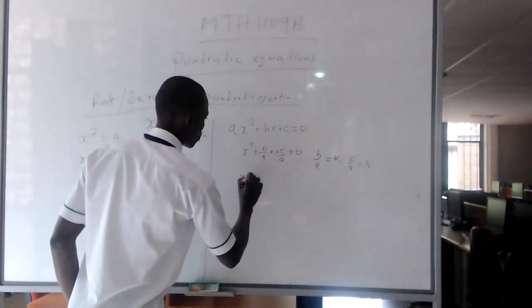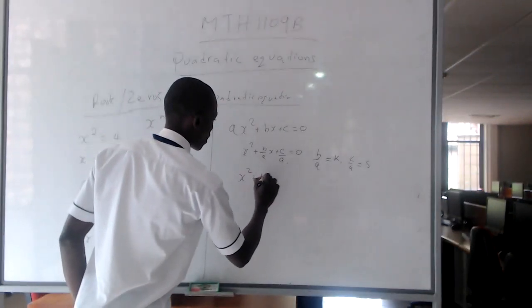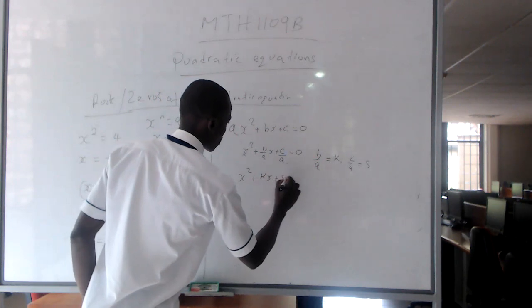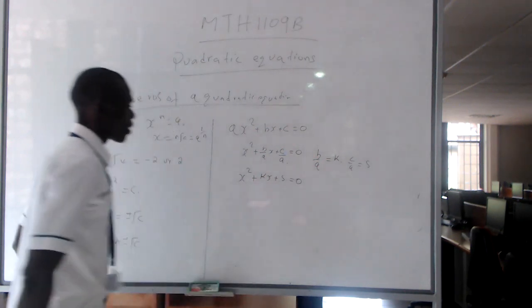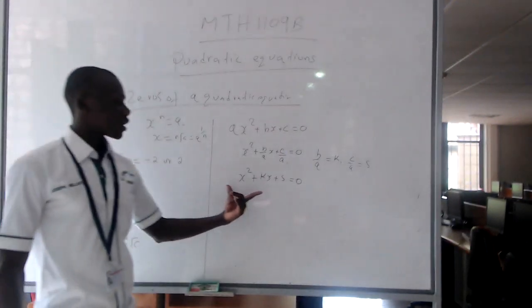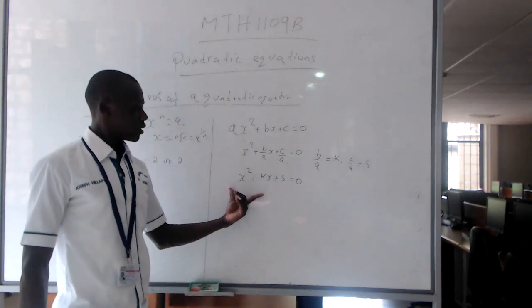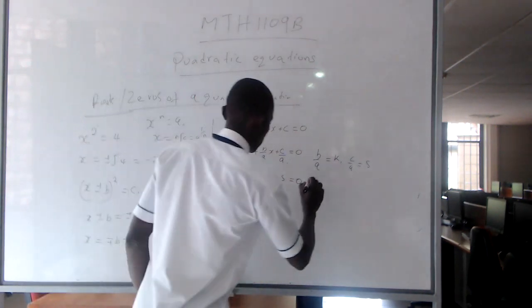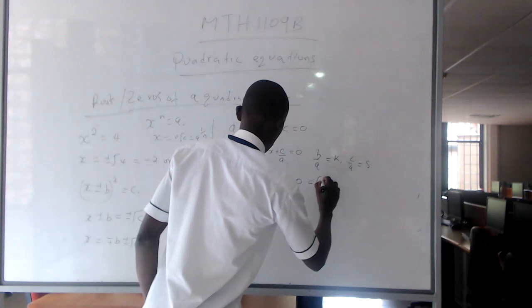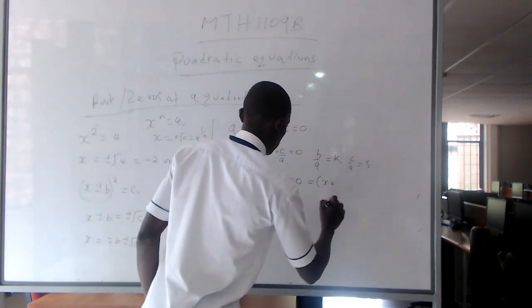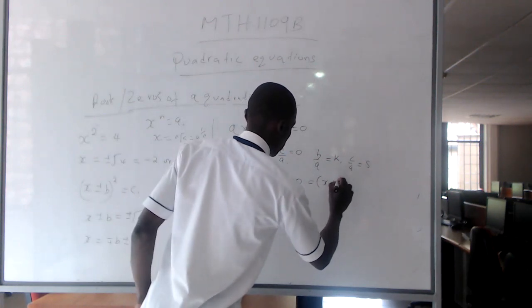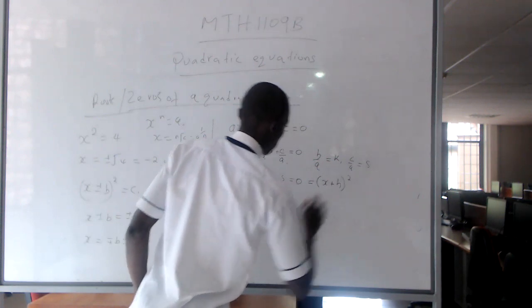So we have x squared plus kx plus s is equal to 0. I want to write the left hand side as a perfect square. Okay, so I need to be able to write this as something like x plus, I don't know, maybe let me call it h squared.